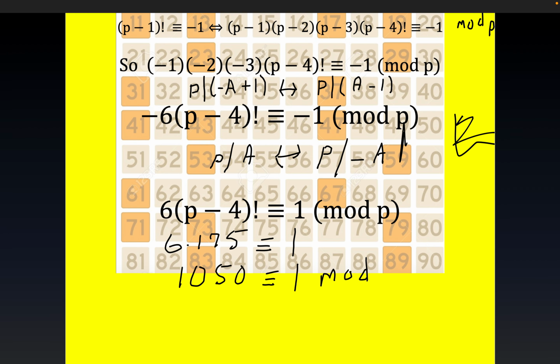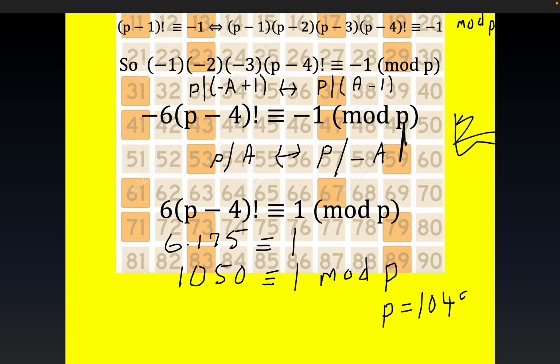I think that's correct. I'll trust myself on that. So this is congruent to 1 mod p. And again, we're trying to find the p that gets the job done. And so that would imply that p is equal to 1049.